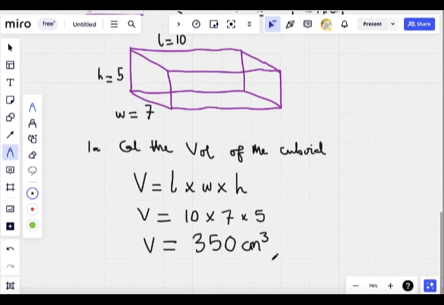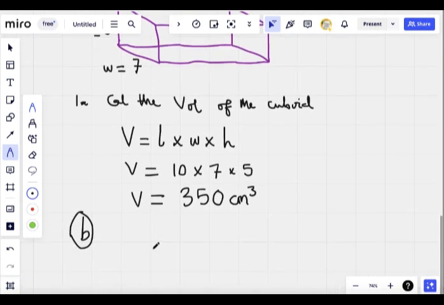Now we go to the B part of this question, which says that we should calculate the total surface area of the cuboid. Calculate the total surface area, TSA, total surface area of the cuboid.